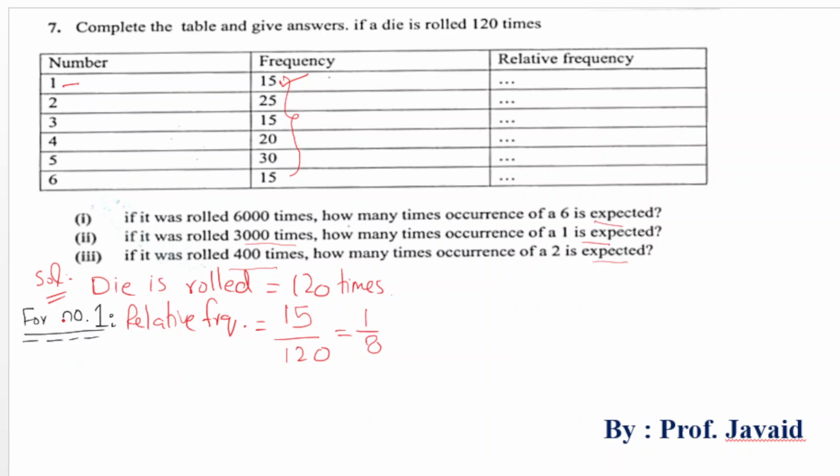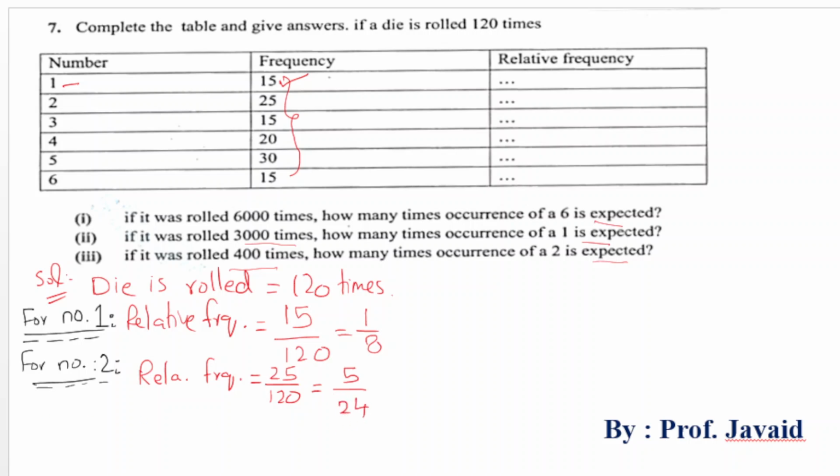Now we will move to number 2. So relative frequency of 2. For 2 it is 25 divided by 120. After solving, 25 out of 120, that will be 5 by 24.